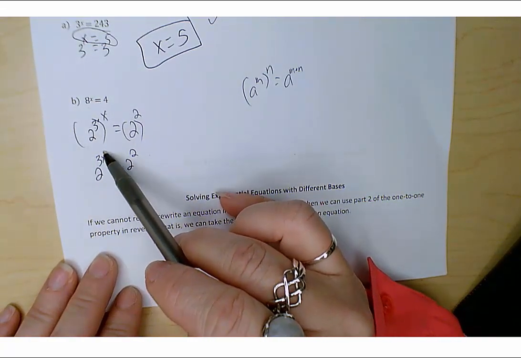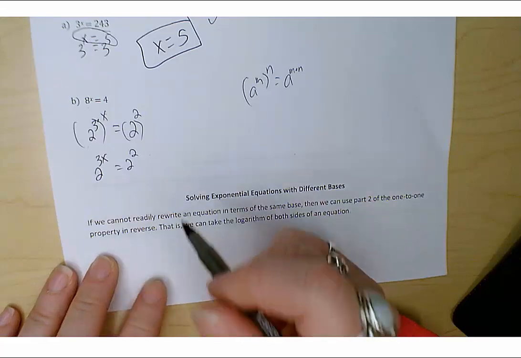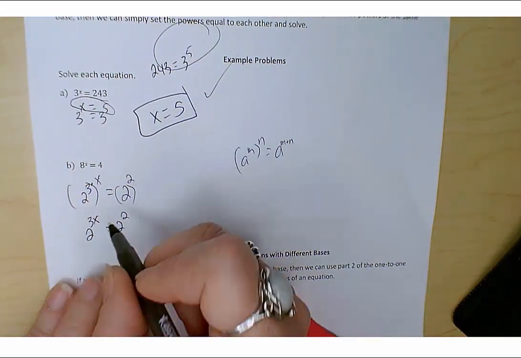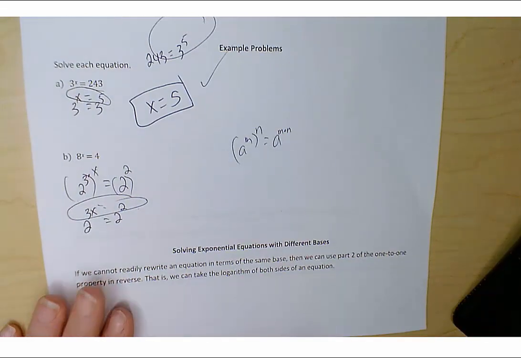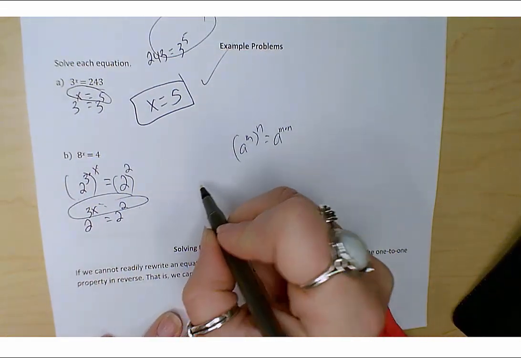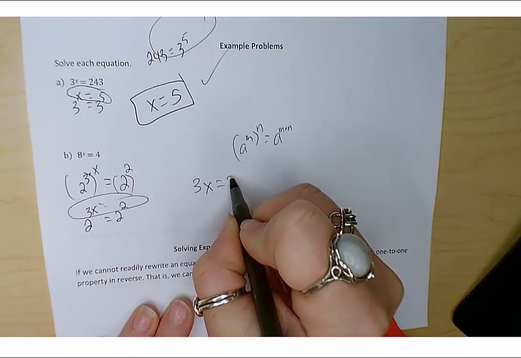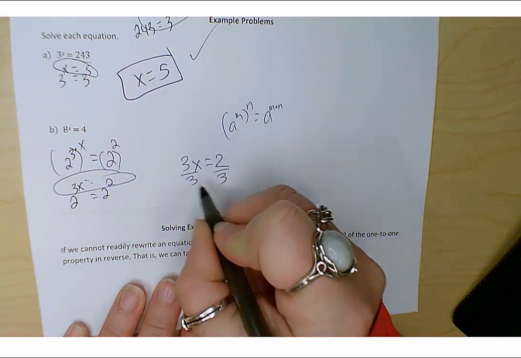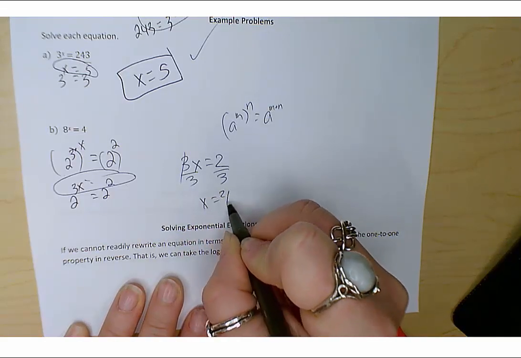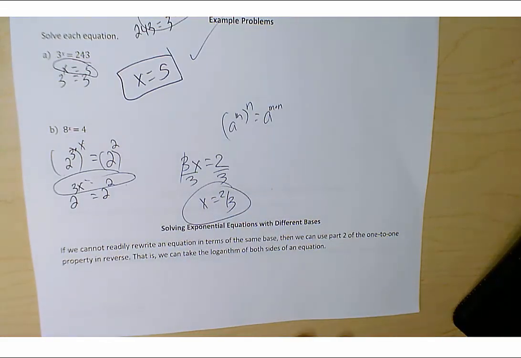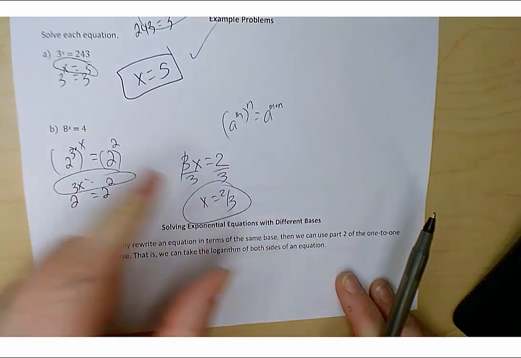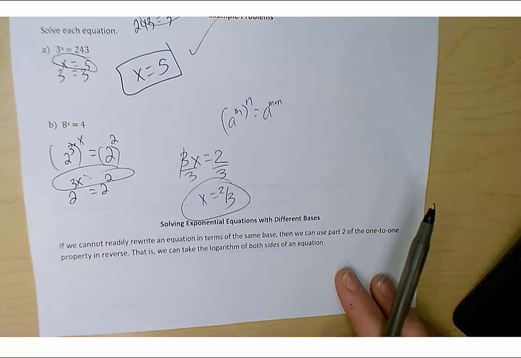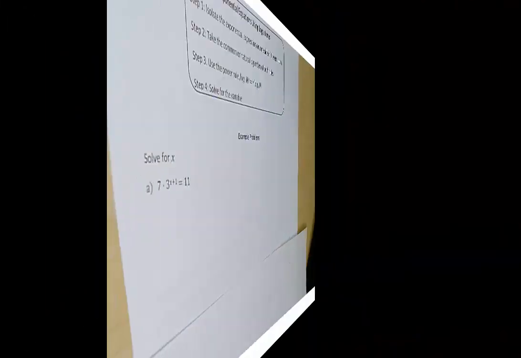We have 2 to the 3x, we have 2 squared, and now we can use that same base rule. Our bases are the same, so we can set our exponents equal to each other. That means 3x is equal to 2, and when we solve for x, we get that x is equal to 2/3. You can verify that in your calculator. Type in 8 to the 2/3. You should be getting a 4 there.